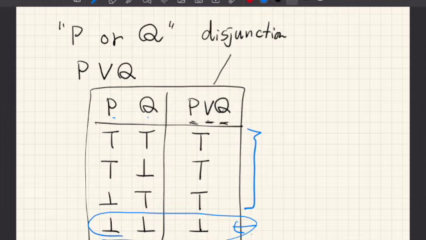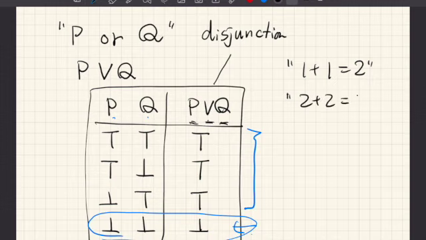So for example, let's recall these two statements. 1 plus 1 is 2 and 2 plus 2 is 5. Let's say this is P and this is Q. In this case, the first statement is true and the second statement is false.